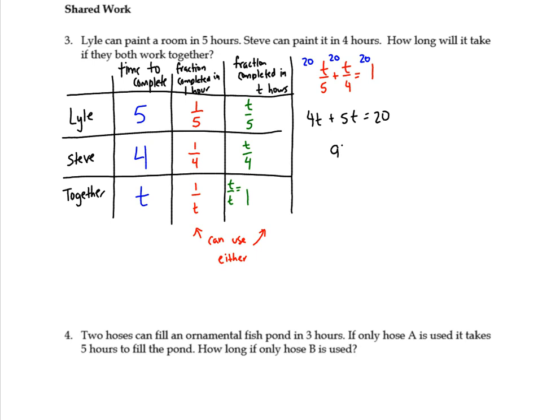So 9t equals 20, or t equals 20 over 9, which is approximately 2.22.